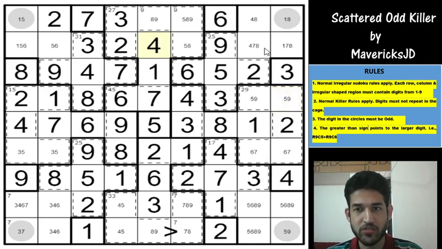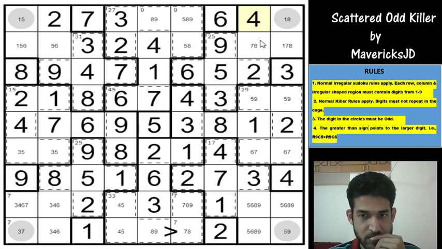Okay, you have a 4 here, so that's not a 4, so that's 7 and 8, so 4 must go in here. No other cell for the 4. Okay, 9 is in one of these cells.